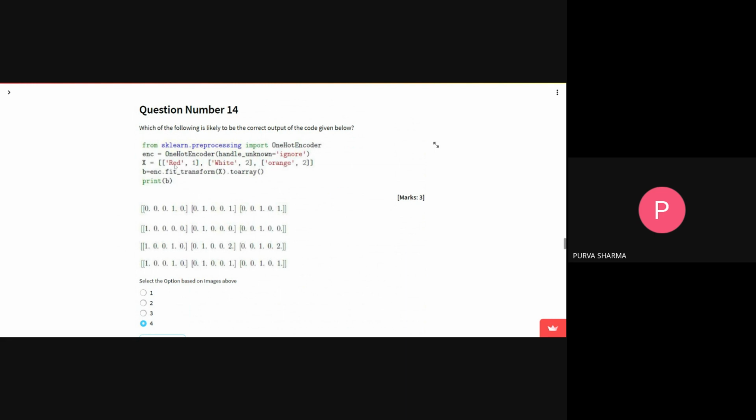So in the first row, red and 1 are present, which means the first feature and then the fourth feature will be present. So we'll have 1 over there and 0 in all the other places.